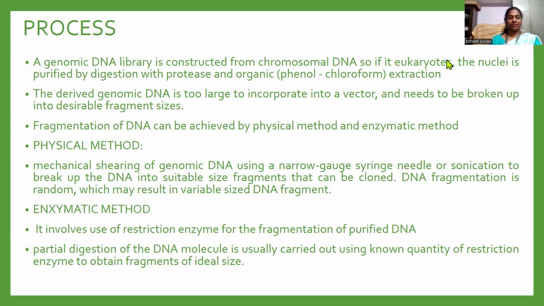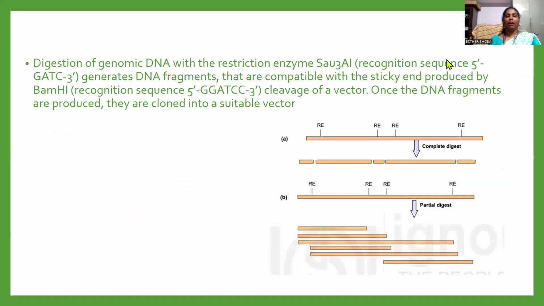DNA fragmentation is random, which may result in variable size DNA fragments. The enzymatic method involves the use of restriction enzymes for the fragmentation of purified DNA. Partial digestion of the DNA molecule is usually carried out using a known quantity of restriction enzyme to obtain fragments of ideal size. When we do enzymatic digestion, the digestion of genomic DNA is preferably done as a partial digestion.